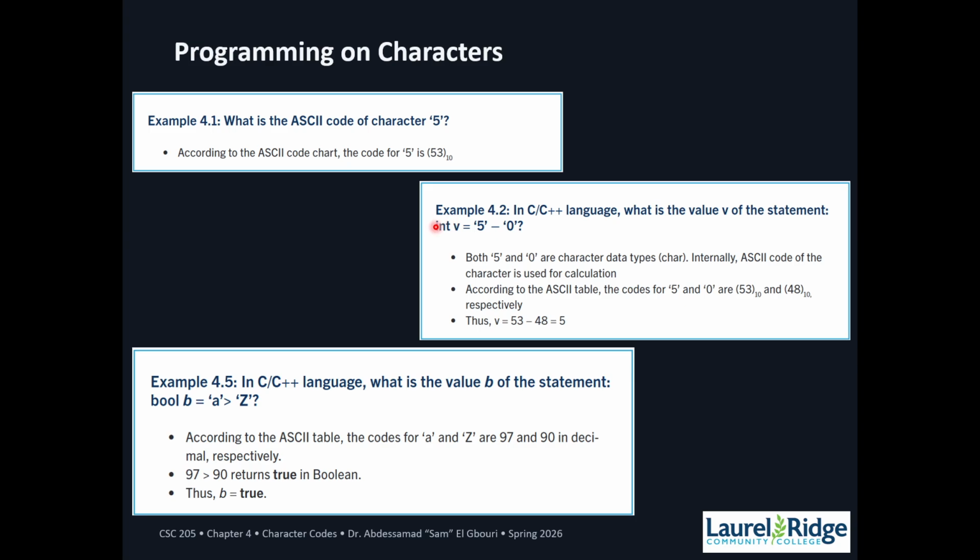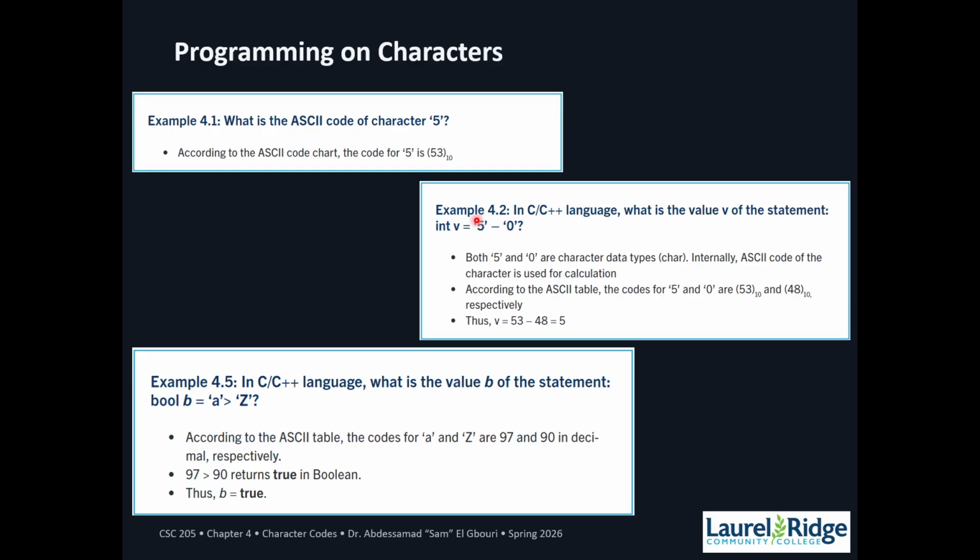So remember this right here. It's saying V is an integer. It is 5, but it's considered the character here. Minus 0 is considered the character because of these symbols. But remember, there is a minus in between.